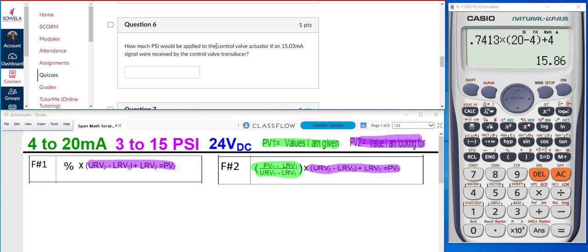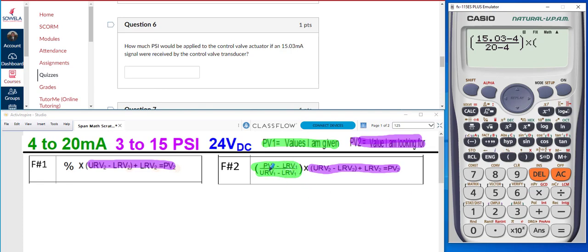How much PSI would be applied to the control valve actuator if a 15.03 milliamp signal were received by the control valve transducer? So, we're given a milliamp, we're looking for a PSI. Open, over, under, 15.03 milliamps minus 4 over 20 minus 4, scroll over, close parentheses, times.